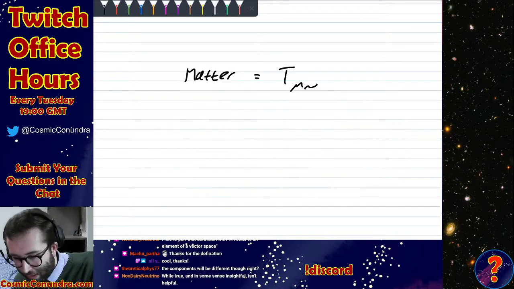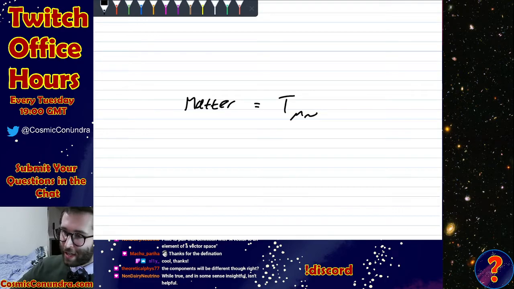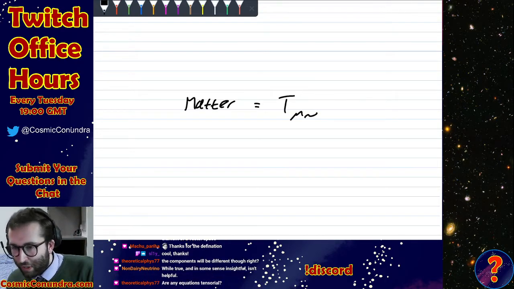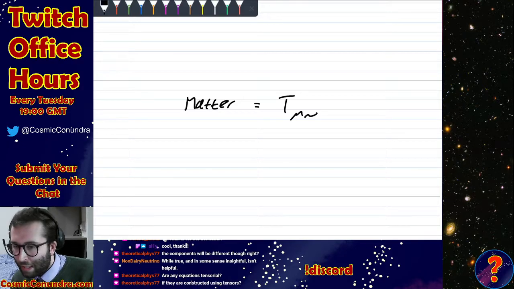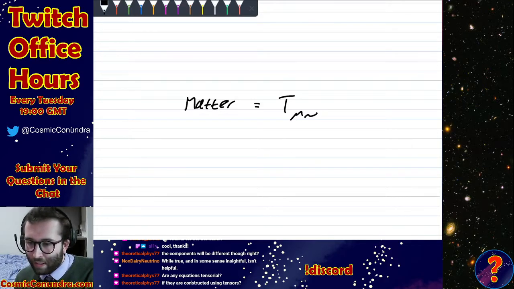Anyway, we don't want to go into too much detail, because you can talk about these things all day. I want to just kind of justify where the equations come from. So we should have justified, are any equations tensorial? No, not all equations are tensorial. If you take combinations of a tensor under a certain transformation, then that thing is also a tensor.